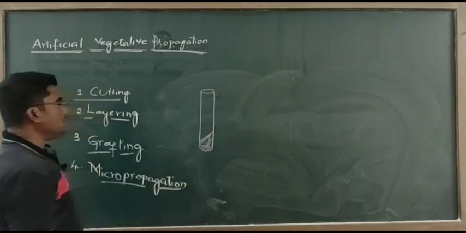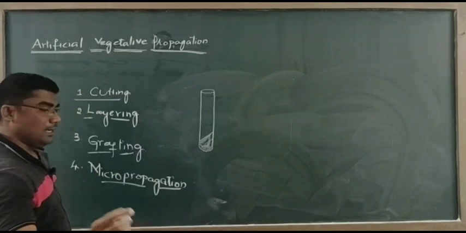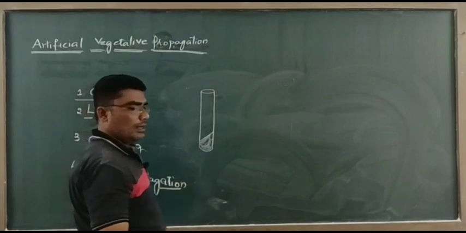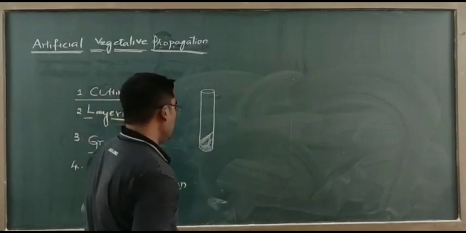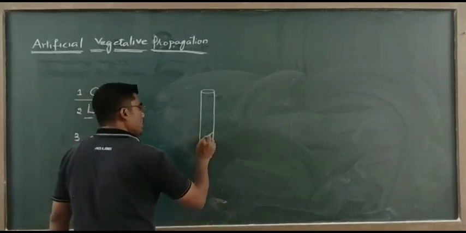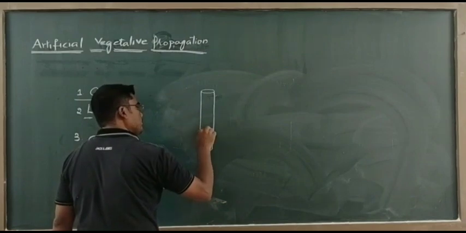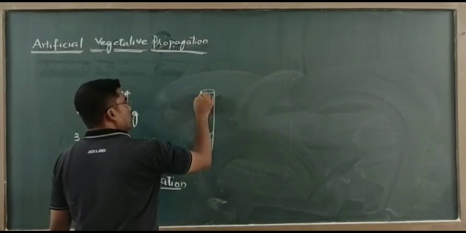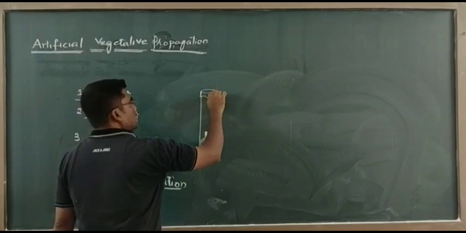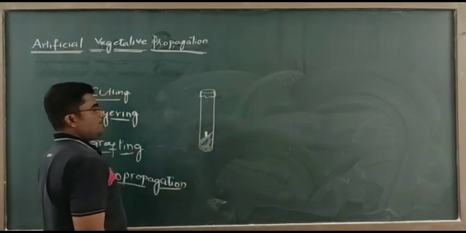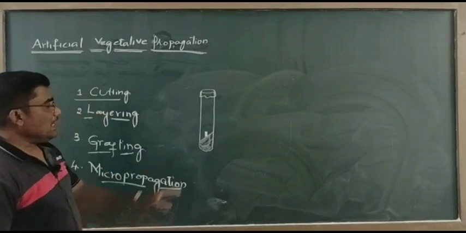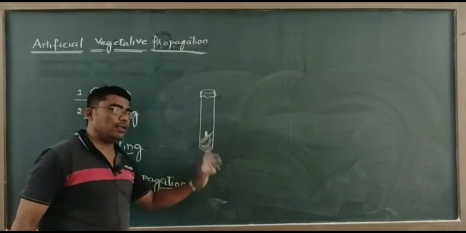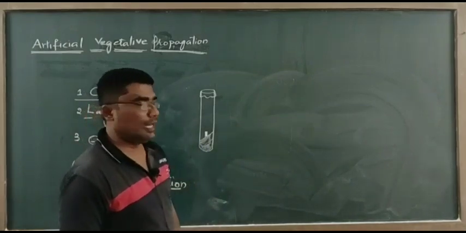On this nutrient medium, the explant, which may be a cell, tissue or an organ, is placed. The organ may be root, stem or leaf. It is placed, and the mouth of this culture vessel is closed. And this is incubated in a laboratory in controlled temperature and controlled light.